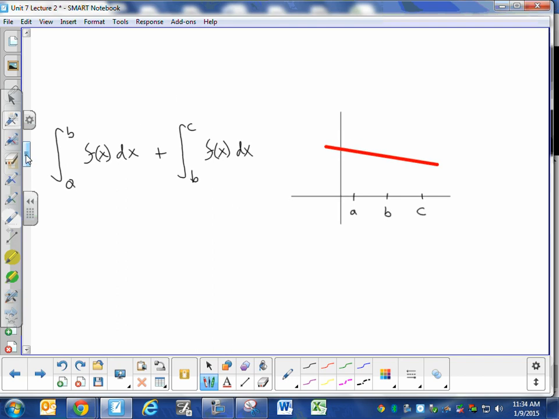Next one. This is an easy one. This is an intuitive one. We have the integral from a to b of f of x dx plus the integral from b to c of f of x dx.